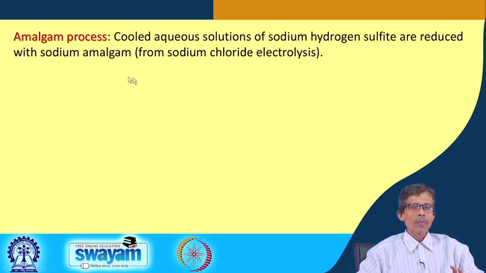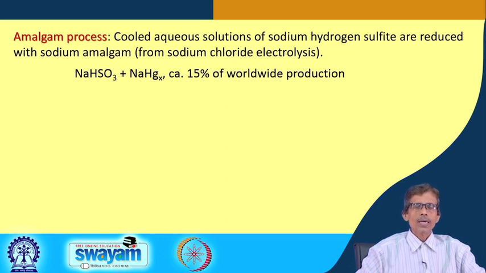We get sodium amalgam because, when we study sodium chloride electrolysis, the chloralkali process, we will find it somewhere when we study the halogens. So, from sodium chloride electrolysis we produce this sodium amalgam, and that sodium amalgam can be directly used for this reduction reaction. Straightaway, this reaction is between NaHSO3 plus NaHg, which is your sodium amalgam.